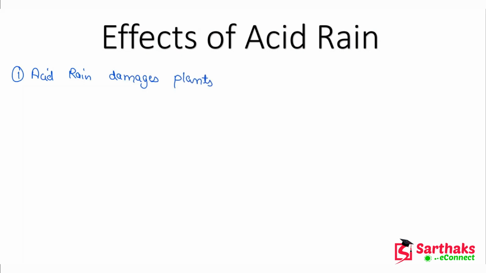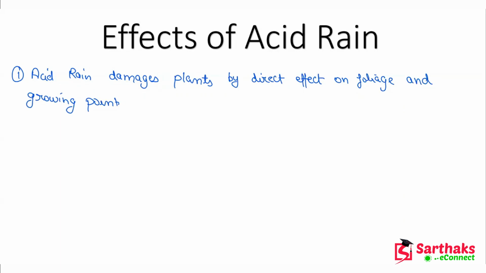They damage the plants by direct effect on foliage and growing points. Plants do have growing points, so when acid rain drops on the plants, it has a very bad effect on them.